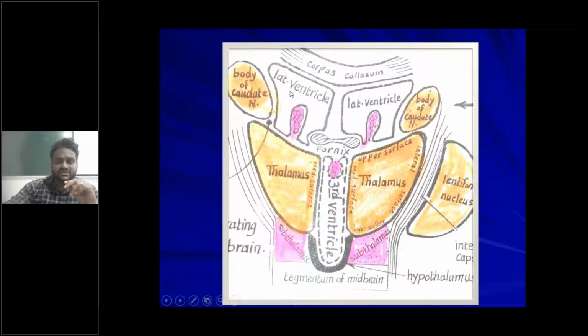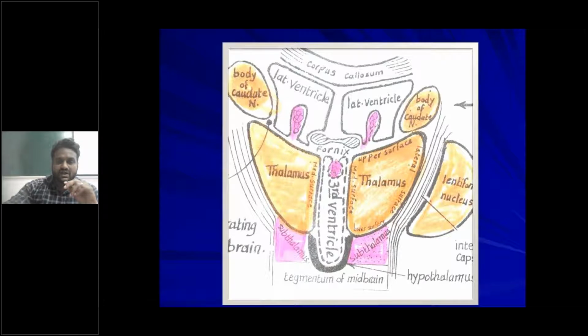Over the lateral aspect of the superior surface of the thalamus, we can see the lateral ventricle. So in the coronal section, the thalamus is related to two ventricles of the brain: the third ventricle medially, and superiorly the central part of the lateral ventricle.